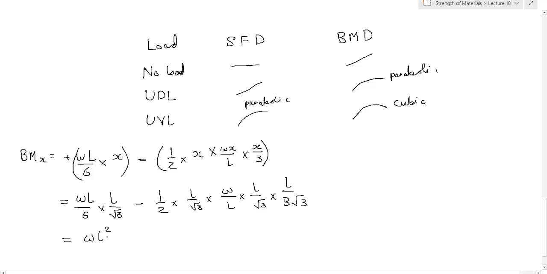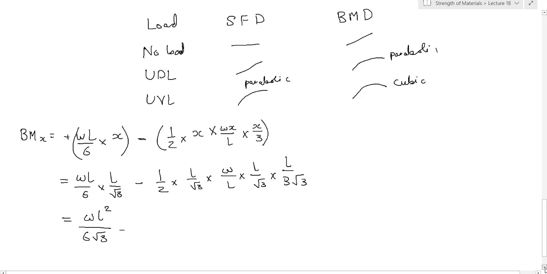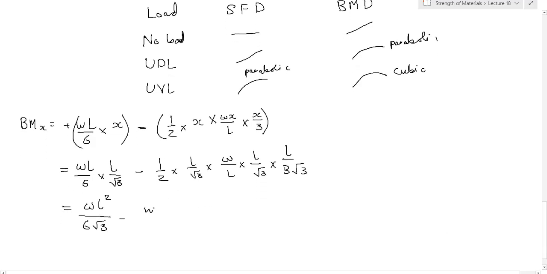We get WL square by 6 root 3 minus we have WL cube by 2 into 3, 6 into 3 into root 3 into L. 1 L will get cancelled. Here we get L square, right?